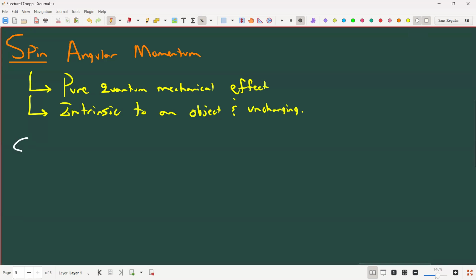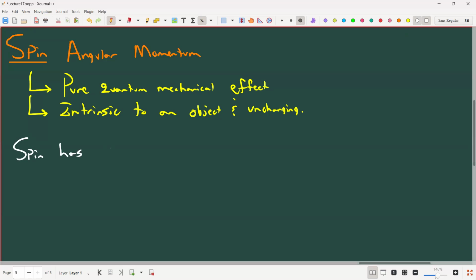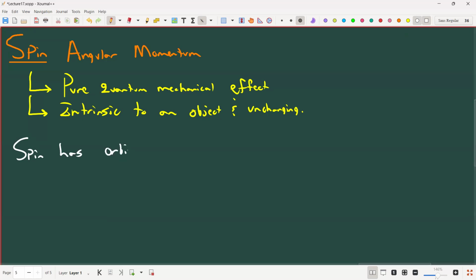Right, so spin orbitals are defined by two operators, and the operators work exactly the same as angular momentum.